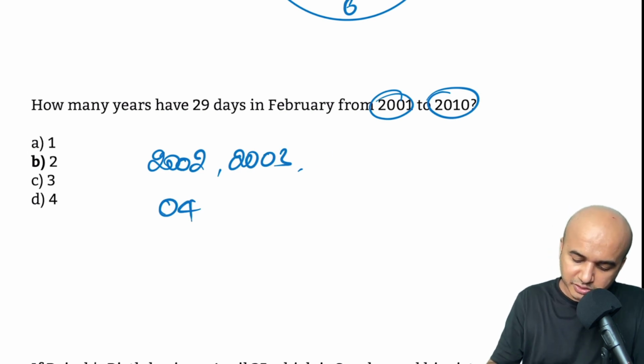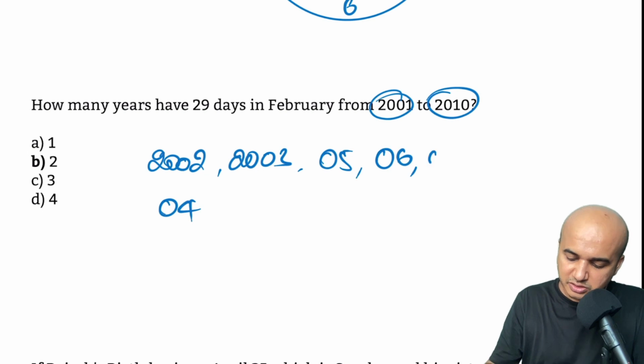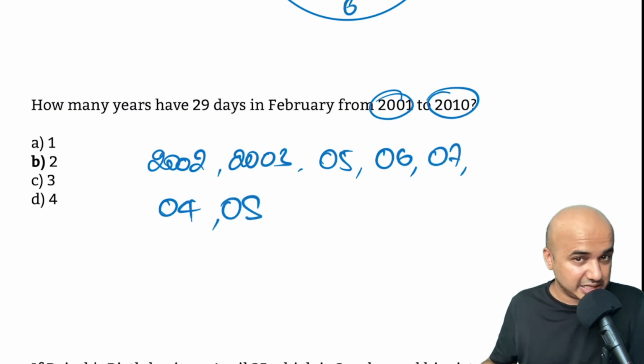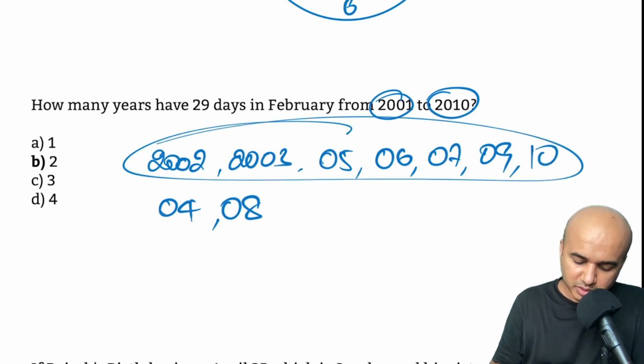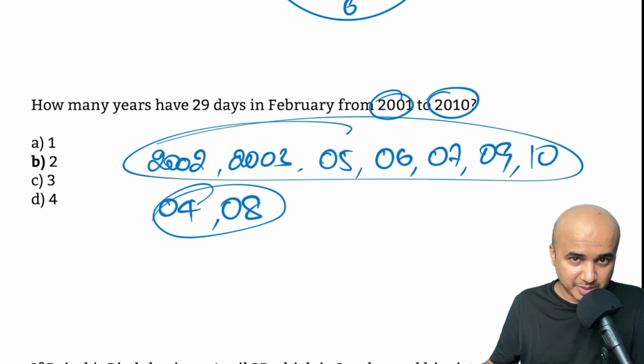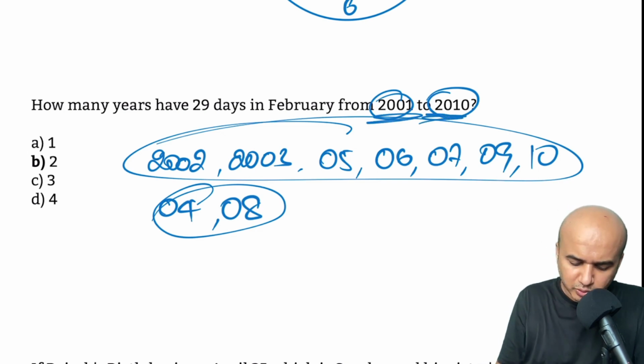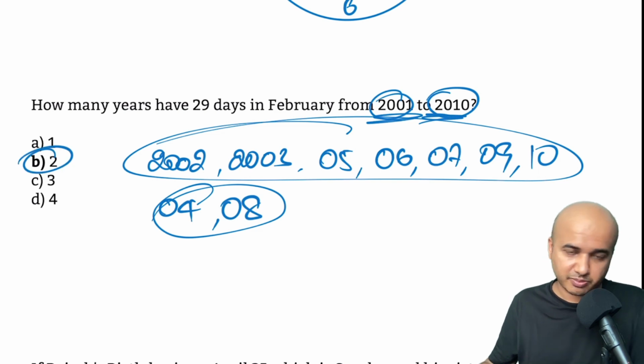Then 2005 is not, 2006 is not, 2007 is not, of course 2008 is. 2009 isn't, and 2010 isn't either. So only 2 years are leap years between these years, 2001 and 2010. So only 2 times we'll have 29 days in Feb.